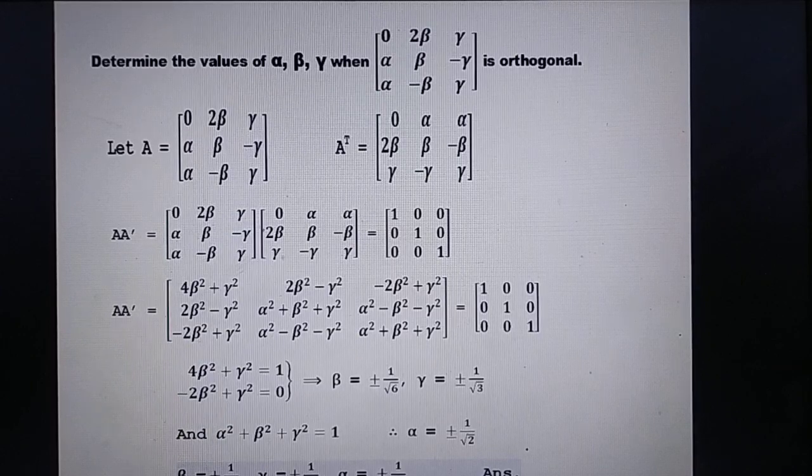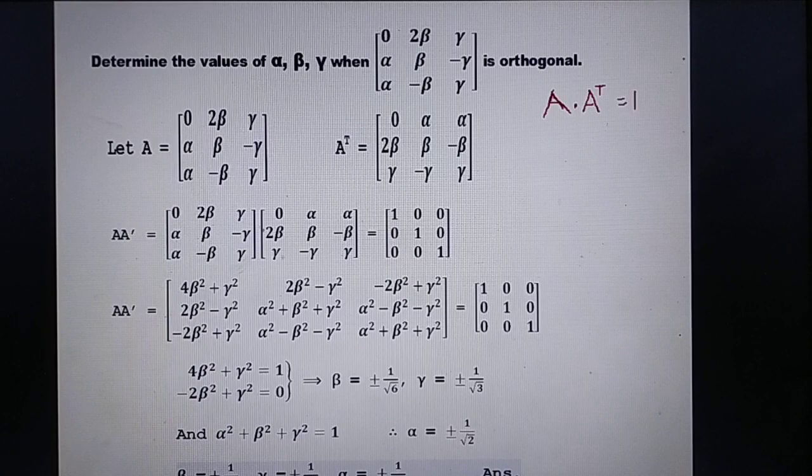So next example, determine the value of alpha, beta, and small delta for the given matrix. When it is orthogonal, the original matrix multiplied by its transpose is equal to 1.